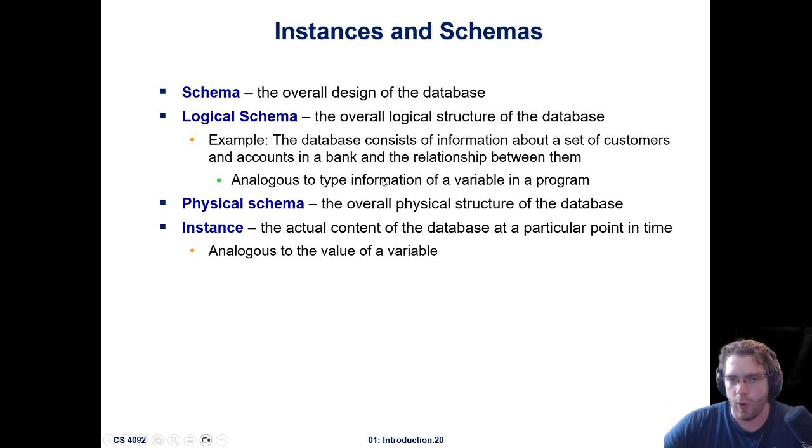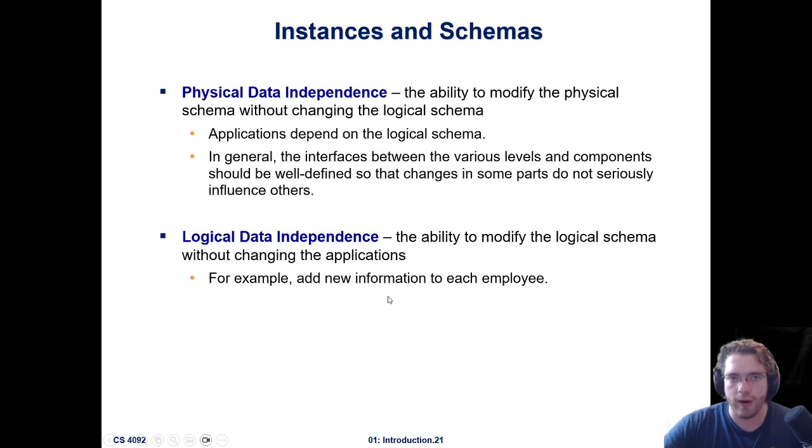Similar to a variable: if I declare a variable to be an integer, that's the logical one. If I declare it to be an integer of value 5, that's the instance of that variable. Okay, so the general idea with all these vocabularies is not to memorize them, but to be aware that your database is going to transform over time, and to have these schemas in mind to make sure you remember what you want it to do.